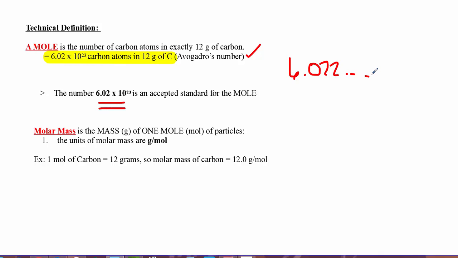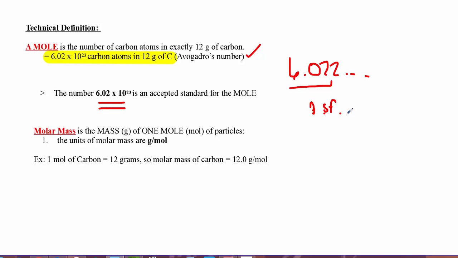But for convenience and simplicity, in Chem 11, we round it to 3 sig figs. As we do our calculations, I'll come back to that. But it is good for you to know that the number can be reported more precisely, but for our purposes, we round it at 6.02.